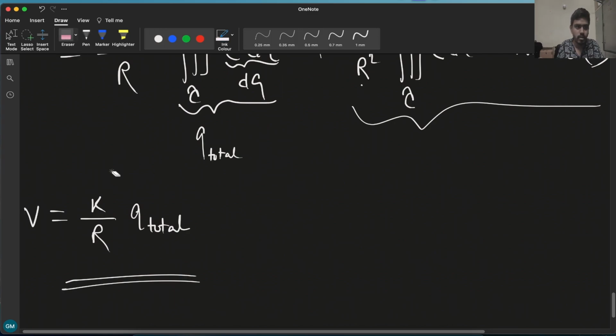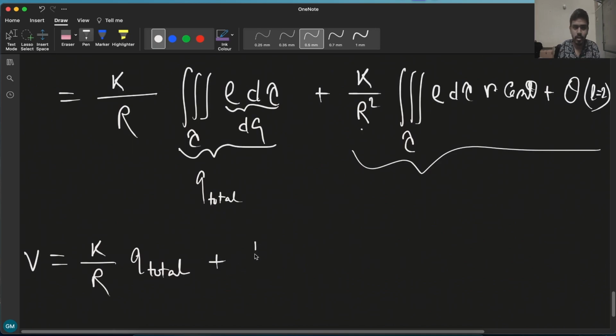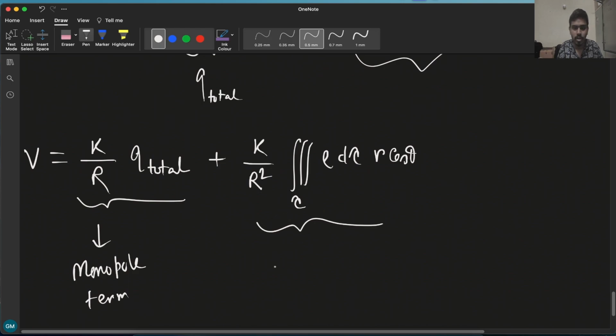And the second term, if I write, which is k/r² times the volume integration of ρ dτ r cos θ, this is basically a dipole term, okay? So this is a monopole term, this is basically a dipole term.